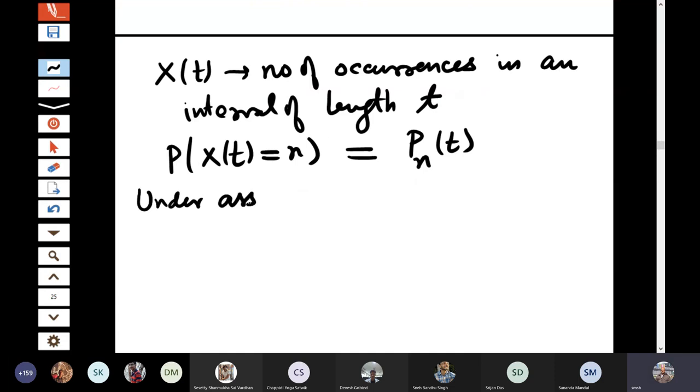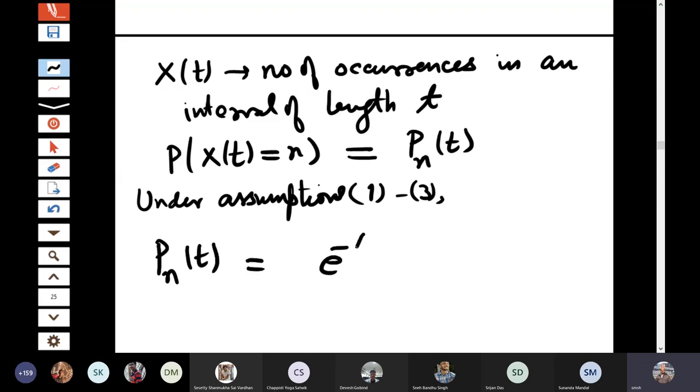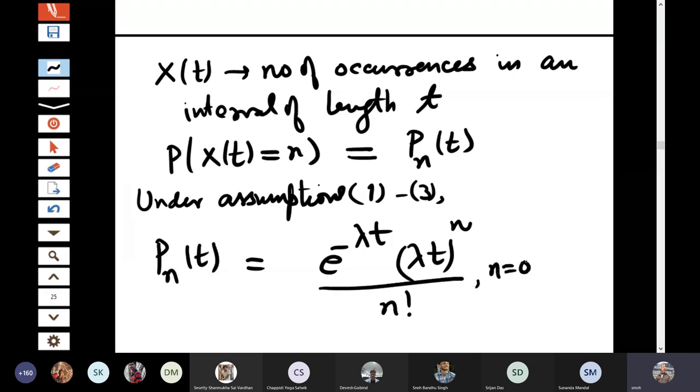Under assumptions 1 to 3, P_n(t) is e to the power minus lambda t, times (lambda t) to the power n by n factorial, for n equal to 0, 1, 2 and so on. Let me give this equation the name 1.